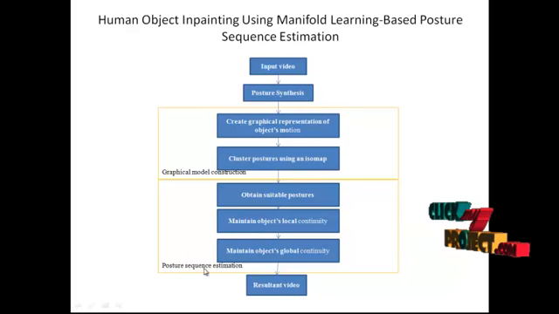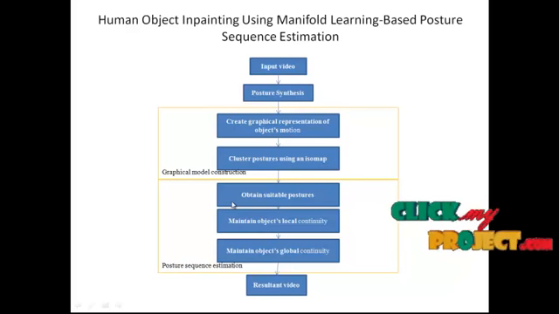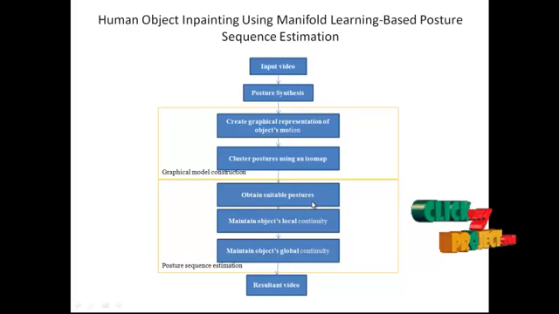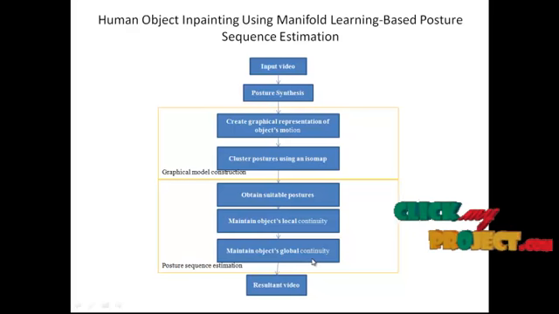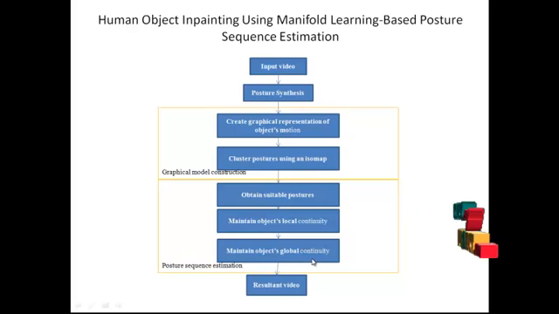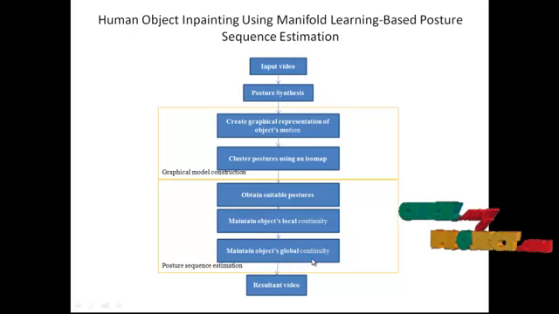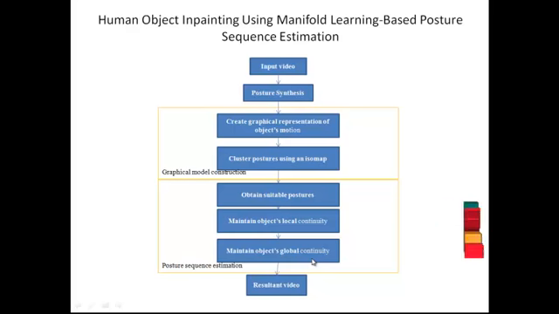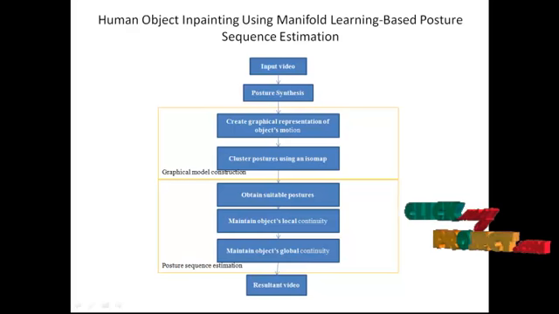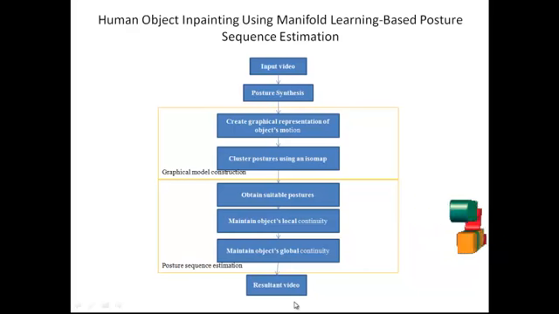In posture sequence estimation, we obtain suitable postures and maintain the object's local continuity and global continuity. By this, we can identify a set of suitable postures from the posture database to restore damaged or missing postures and make a reconstructed motion sequence look continuous.